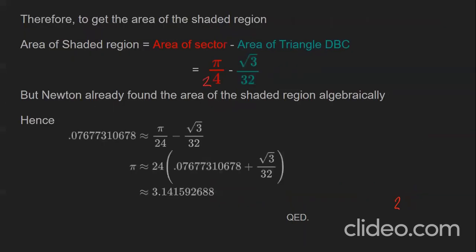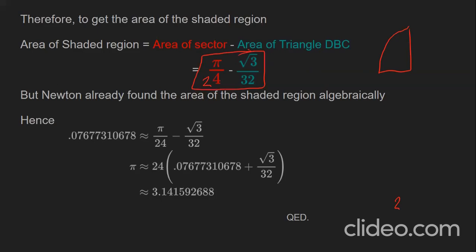Thank you. So to get the area of that shaded region, that weird wedge shape, you do the area of the sector minus the area of that triangle. Normally people in his day wouldn't know how to get this down to an actual number because there's a radical and there's pi, so might as well just keep it like that.